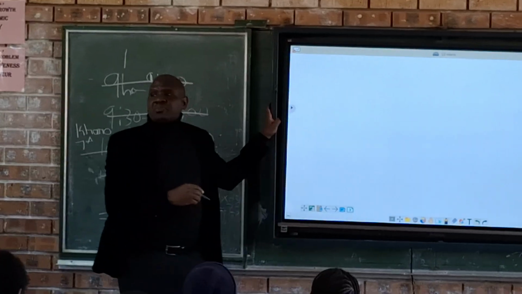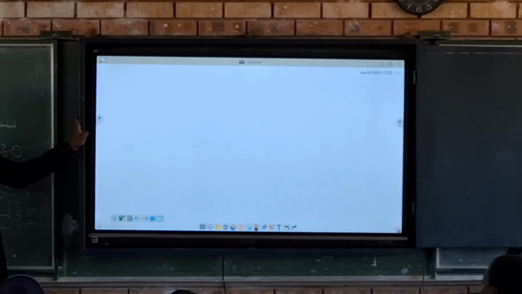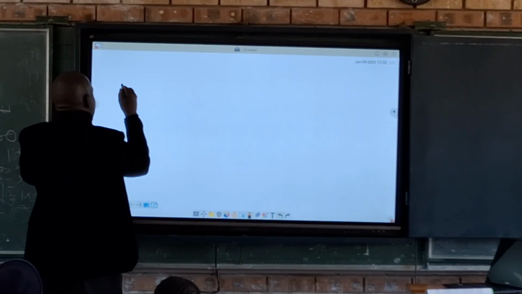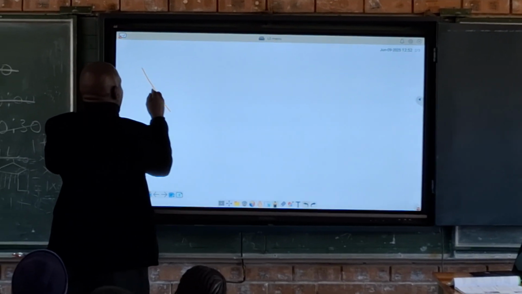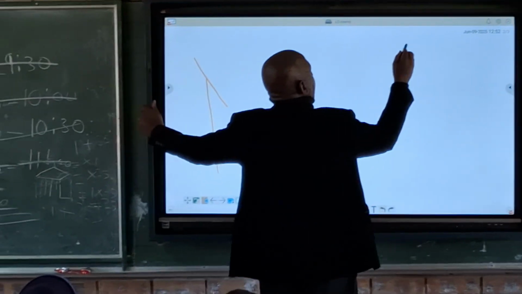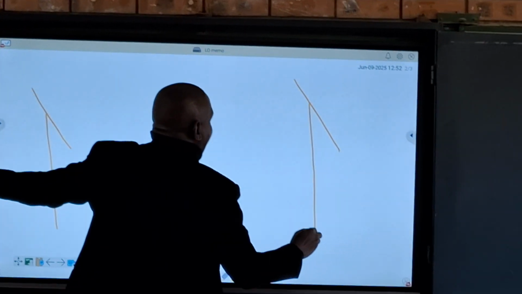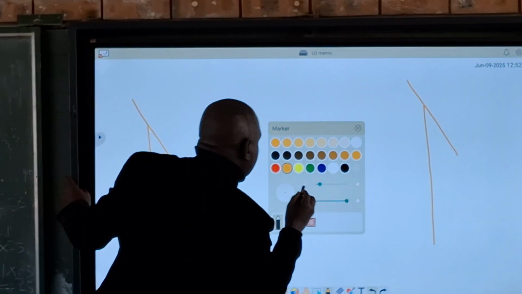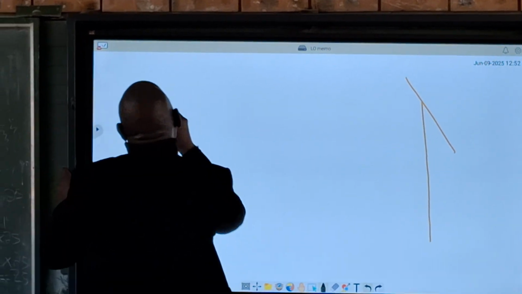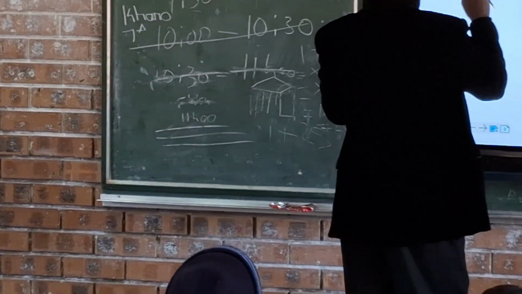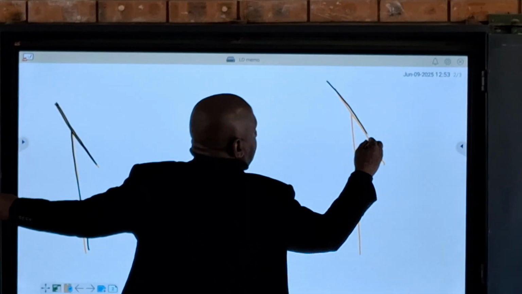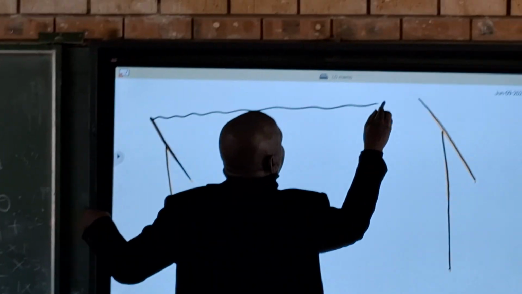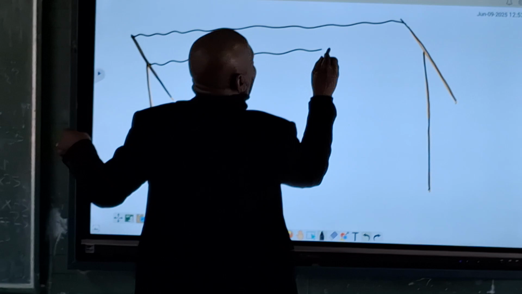In your home, your father or your mother has asked someone to design a washing line. This is a washing line. She wanted to put the clothes there. It has got 3 lines.